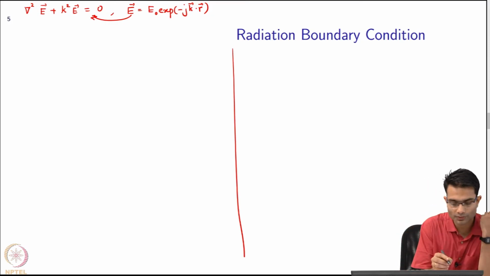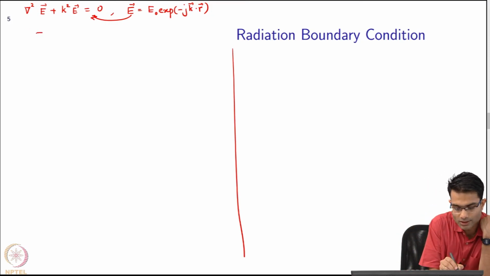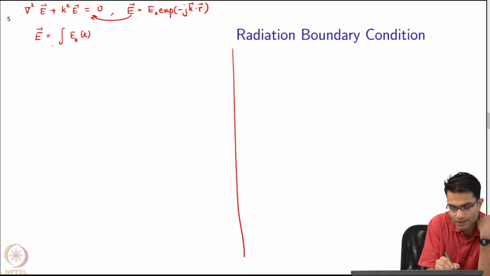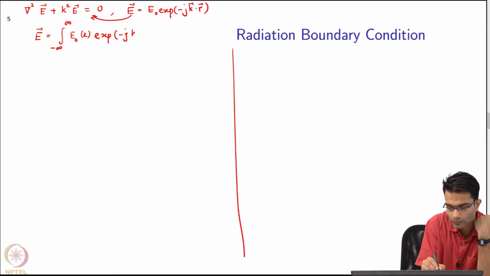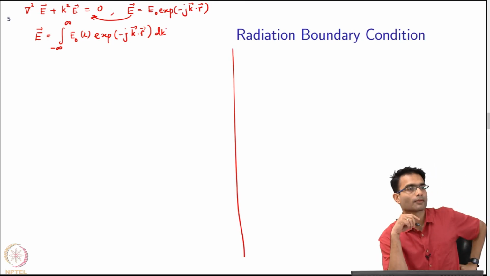Now, let me ask you the following question. Is this also a solution? I call E equal to E naught, now a function of k. So, what have I done?